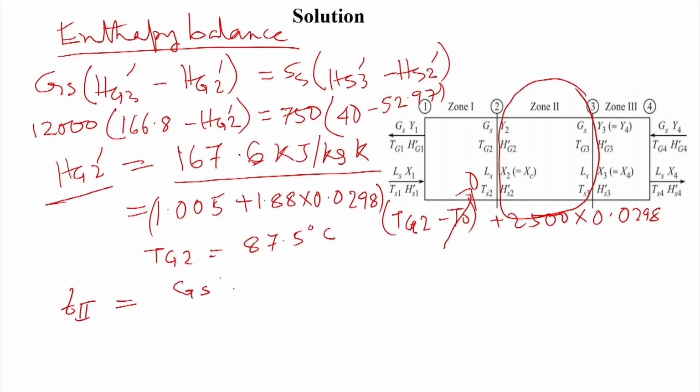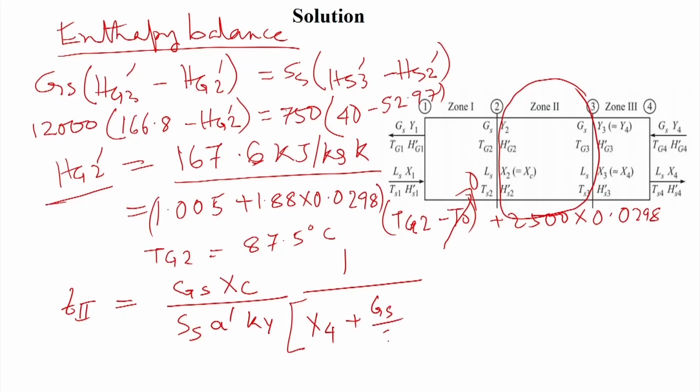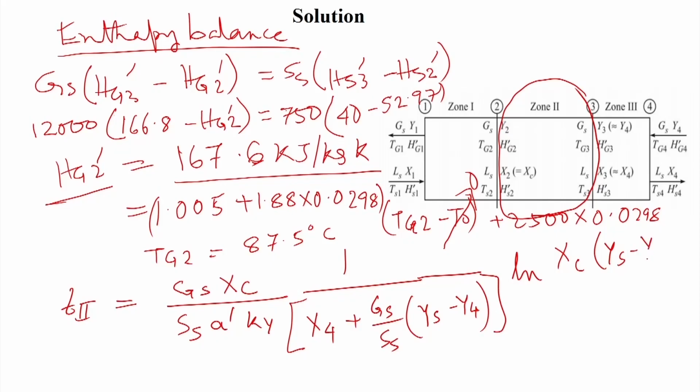So, T2 we can say is Gs into Xc by Ss into A prime into Ky into 1 by x4 plus Gs by Ss into Ys minus y4 into ln of Xc into Ys minus y3 by x4 into Ys minus y2.